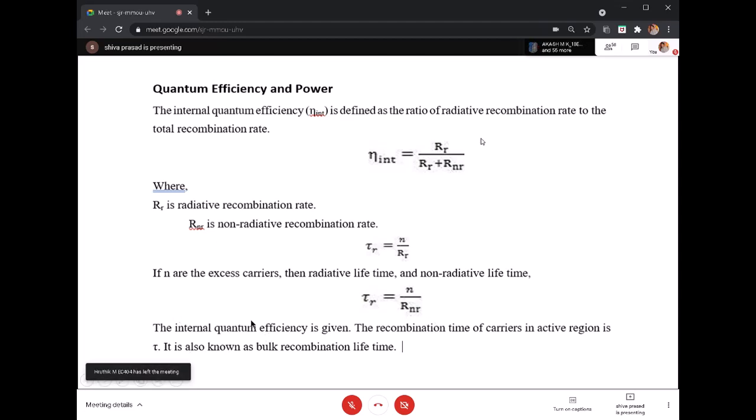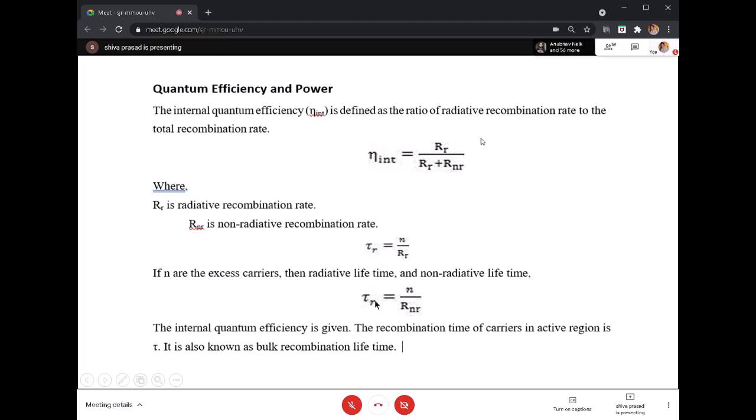So the internal quantum efficiency is given in terms of the recombination time of carriers in the active region, tau, with tau r and tau NR.